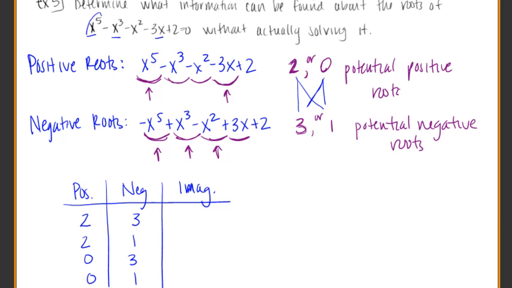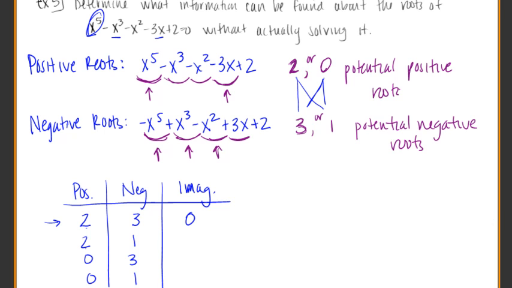Now, since the overall degree of this whole polynomial was 5, then I know I have to be getting 5 roots, no matter what. So each row should add up to 5. Well, 2 plus 3 is 5, so that means that if I go with this combination, there's going to be no room for imaginary numbers. It's going to be 2 positive, 3 negative, and that's it.